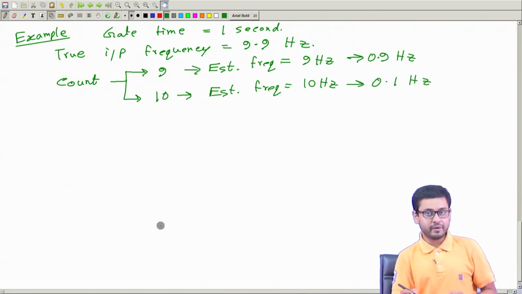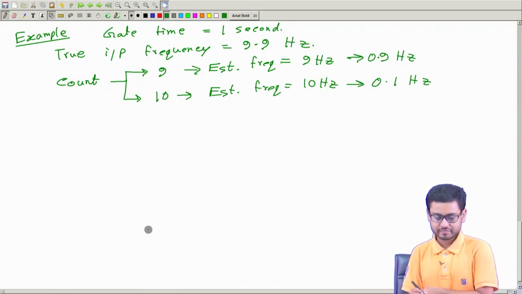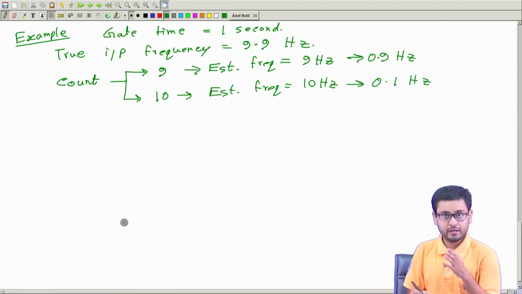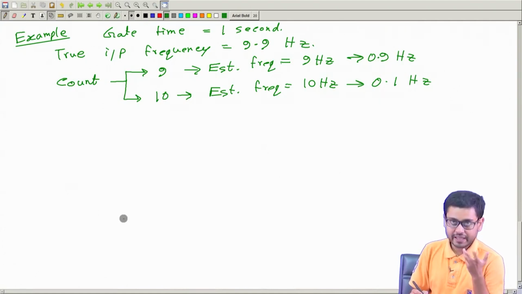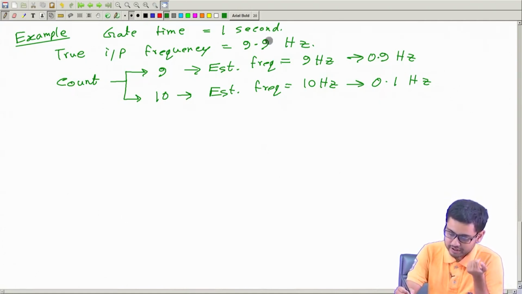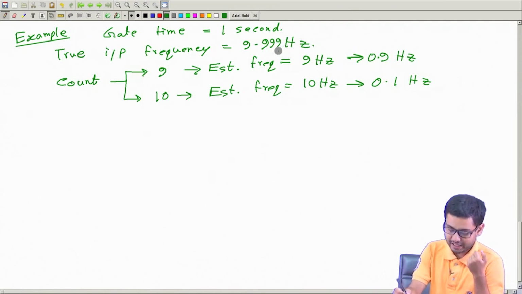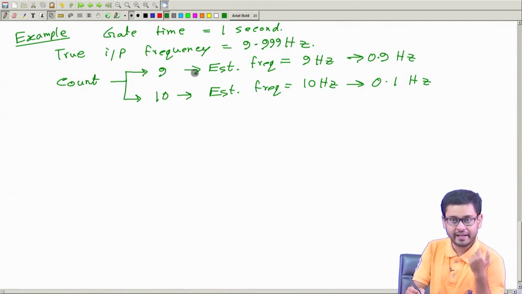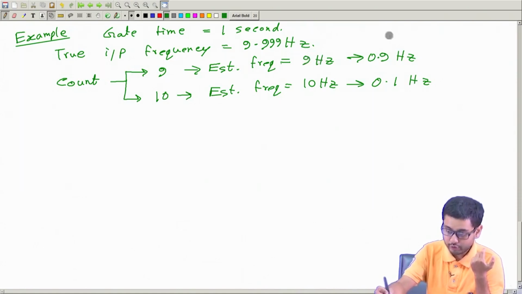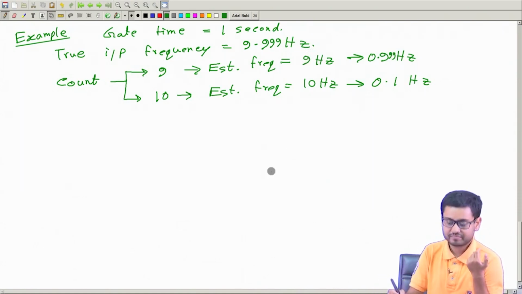So, what can be the maximum error then? Say the maximum error could be when the true frequency is 9.999. Okay. The true frequency is 9.999, but the count cannot be fractional, count can be only 9 or 10. If it is 9, the estimated frequency is 9 hertz, and then the error will be 0.999.